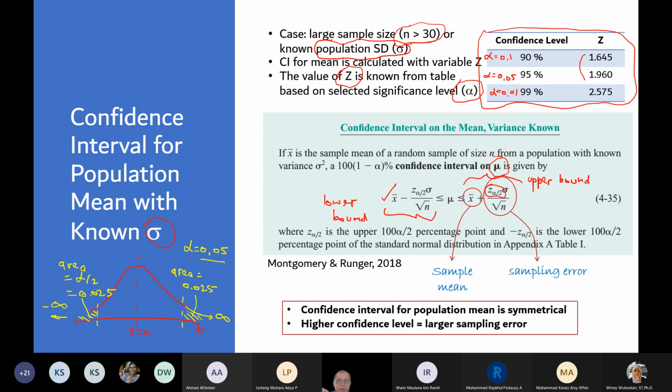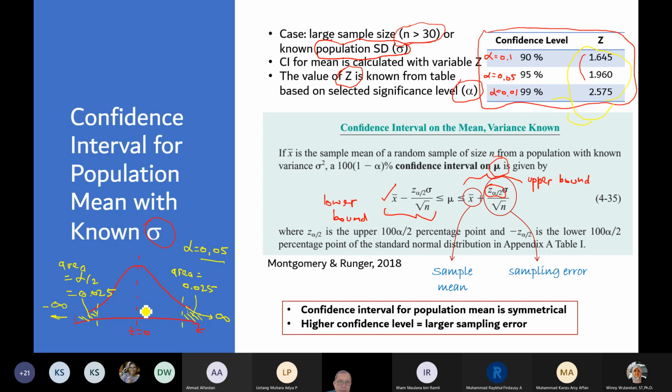All right. Any questions so far? It is quite obvious from these numbers that if we increase the value of alpha, then we will increase this area here, right?